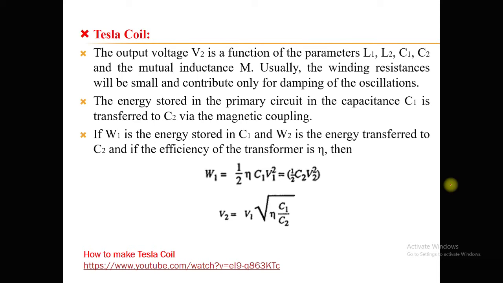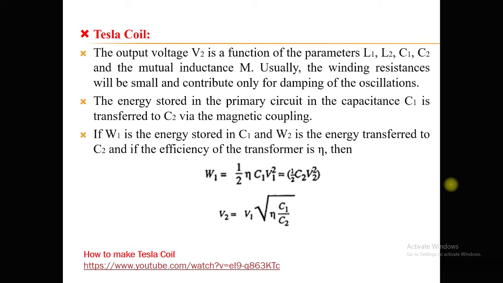If we consider the input of, suppose, 10 kilovolt, and an efficiency of suppose 90%, C1 as 0.1 microfarad and C2 as 1 picofarad, then you can imagine the magnitude of the output voltage that you are getting with the available Tesla transformer. It is in terms of megavolts.